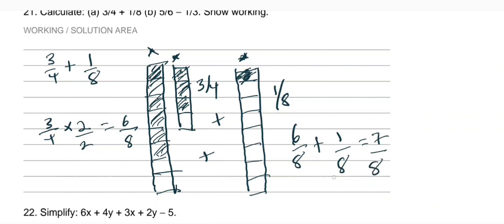Because the 8 and 8 are the same, so you don't need to add them. You only add the top. So the answer for 3/4 plus 1/8 is equal to 7/8. Have you seen it?